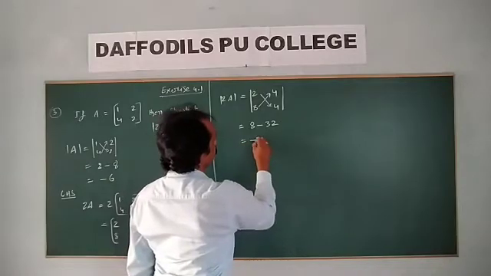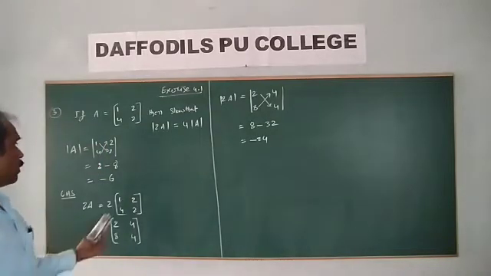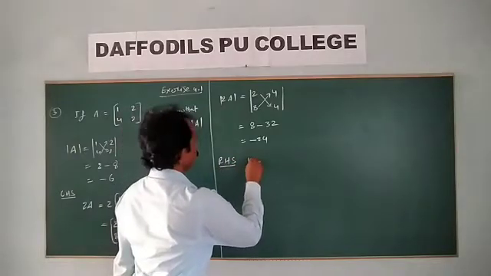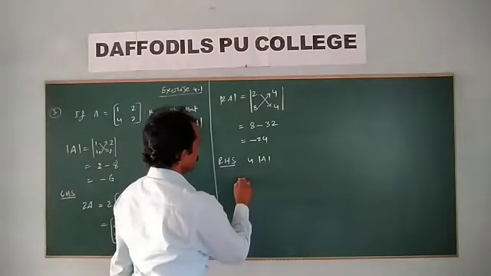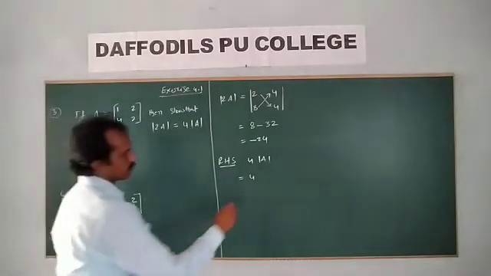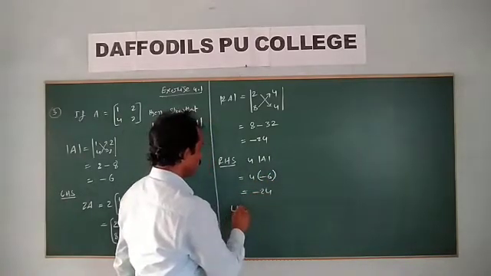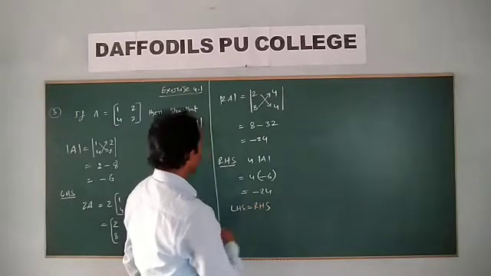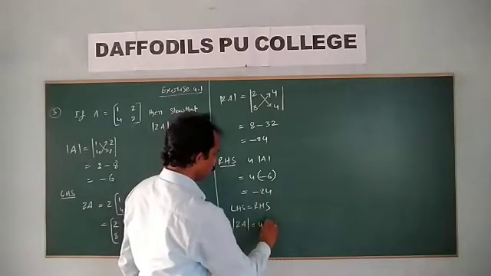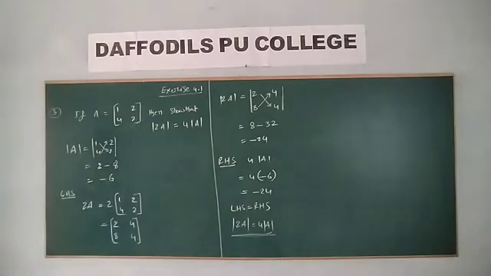This is equal to minus 24. RHS value: 4 into det. This is equal to 4 into, already we got, minus 6. Minus 24. Therefore, finally, LHS is equal to RHS. That implies determinant of 2A is equal to 4 into det. So this is the answer.